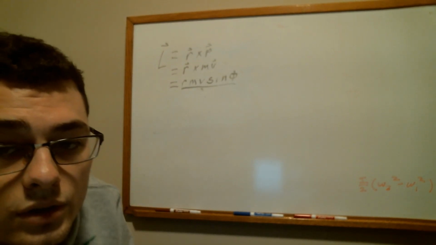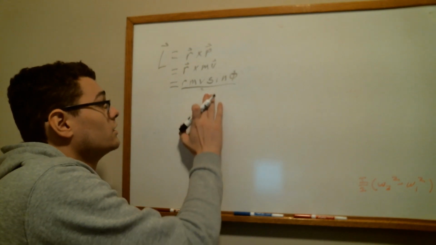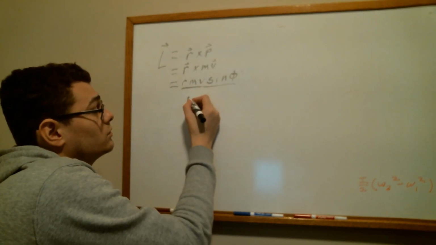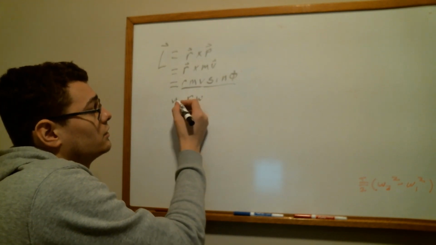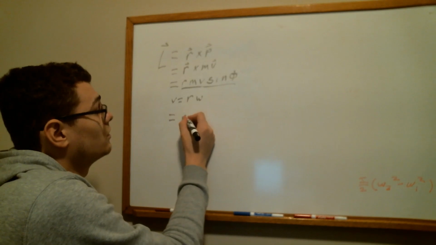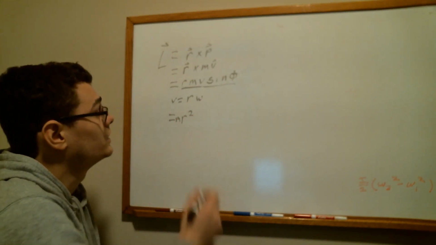One thing we can immediately do is say that V is going to be equal to R omega. And so then this is going to be M R squared times omega.